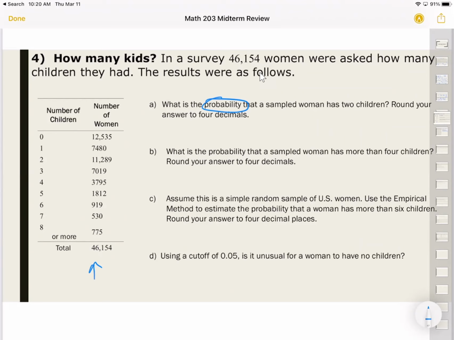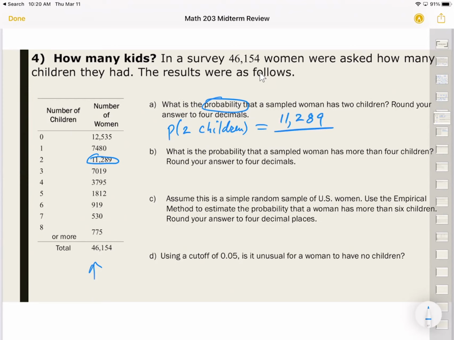Looking at this, to find the probability of 2 children, all you have to do is take the number of women that have 2 children. Agree? And if this is the number of women that have 2 children, what do we divide it by?